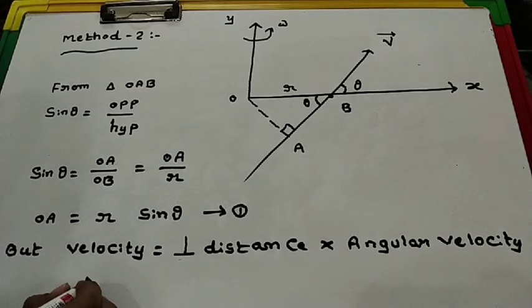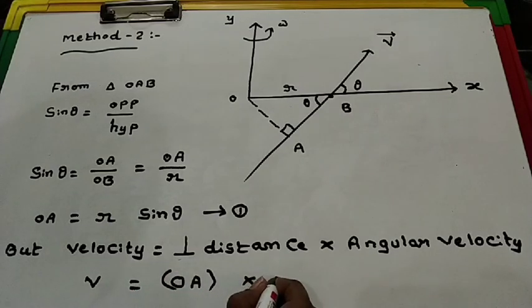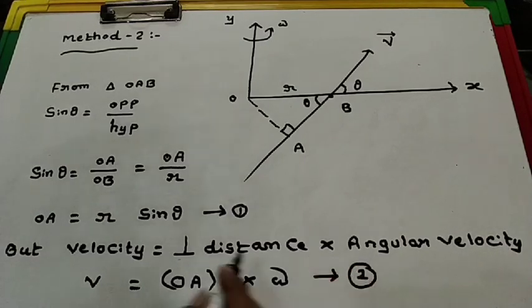Therefore, velocity v is equal to OA, the perpendicular distance, into omega, the angular velocity. Consider equation number 2. Now put equation 1 in 2.